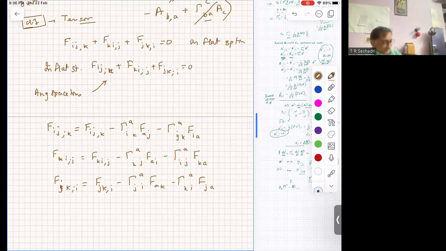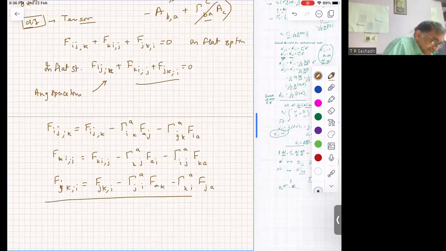I've just written it for each of them. And so the left-hand side is the sum of all this, and this should be 0. This plus this plus this is the Maxwell's equation, this one.